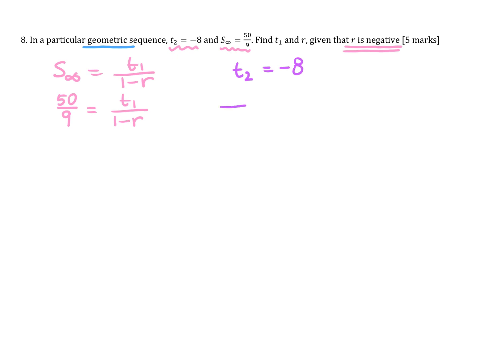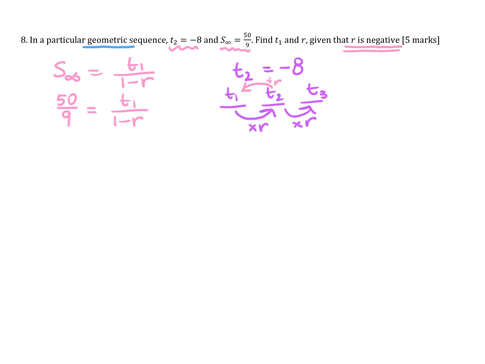Now, if I've got here term 1, term 2, term 3, etc., how do I go from term 1 to term 2? Well, I multiply by r. I multiply by r each time. So how would I go from term 2 back to term 1? Well, I divide by r.